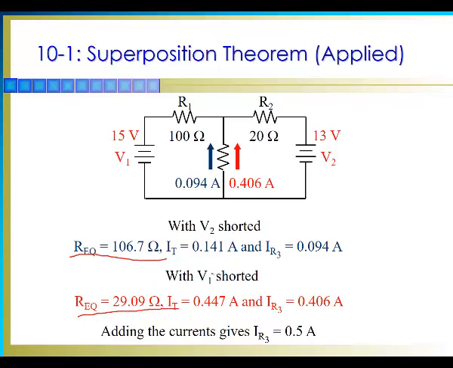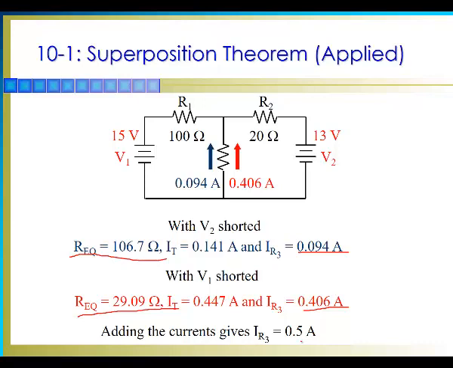With V2 and V1, adding the currents gives you R3. R3 is going to be 0.5 amps, because you have that one from when we analyzed the circuit with V1, and this one when we analyzed the circuit with V2. So we add this plus that one, and you get 0.5 amperes.